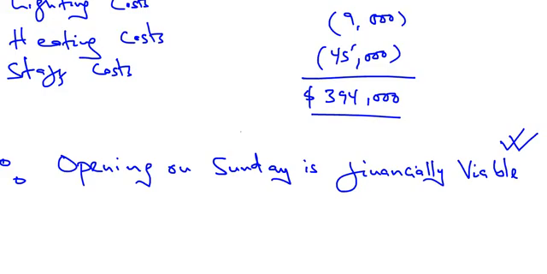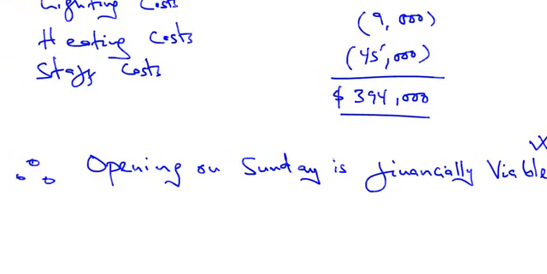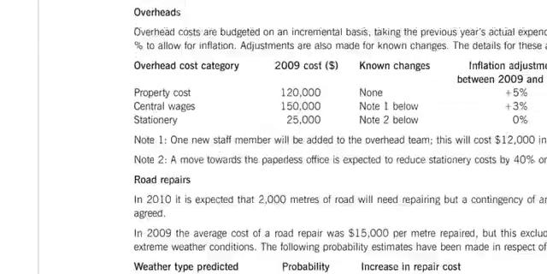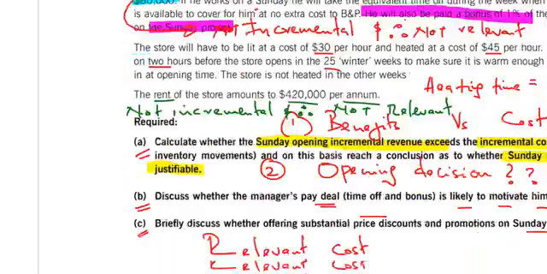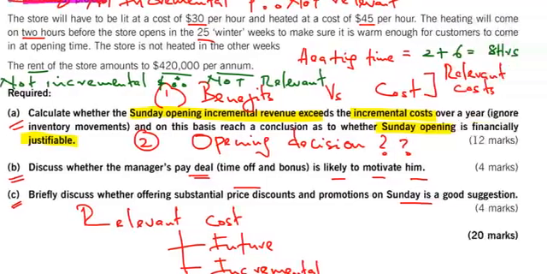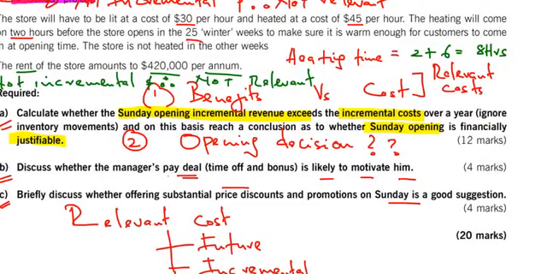Okay, so once we reach this point, the rest is theory, which we can briefly go through, but I want to refer to the detailed answer question, which you can still download from the website, to briefly discuss where the manager's pay deal, time off, and bonus is likely to motivate him.